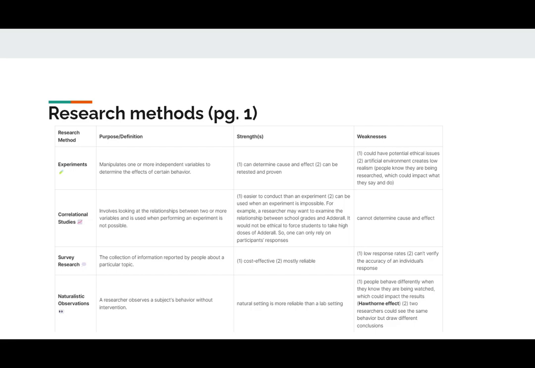Naturalistic observation usually comes up a lot. Its purpose is that the researcher observes the subject's behavior without intervention, so they just watch from a distance, and their presence won't affect the subject they are observing.